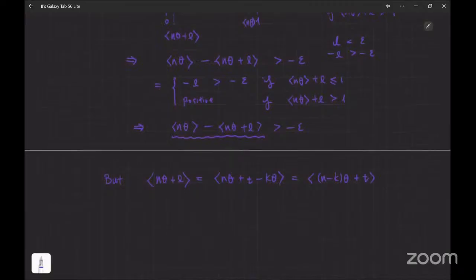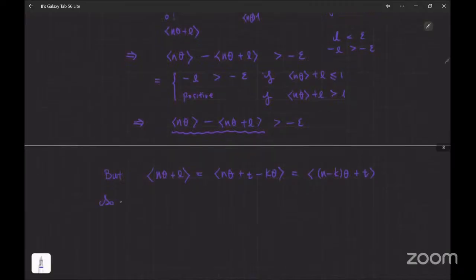We now look at the difference in averages, the difference in the sum first, going from 1 to big N of n theta minus the summation from 1 to big N of n theta plus t, which is what we want to analyze.